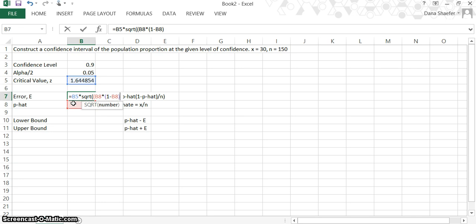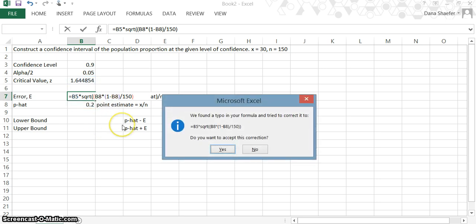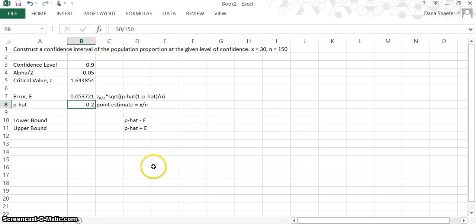So that's what's in the numerator. P hat times 1 minus p hat divided by n, which is 150. Close my parenthesis to close the function. And we're going to get 0.053721.